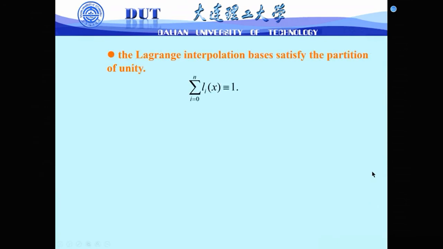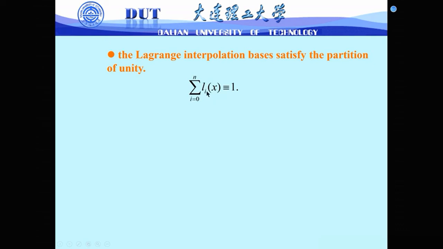Here is an interesting and important property of the Lagrange interpolation basis. They satisfy the partition of unity. That means the summation of the bases is equal to a constant, just 1. So first understand the meaning.